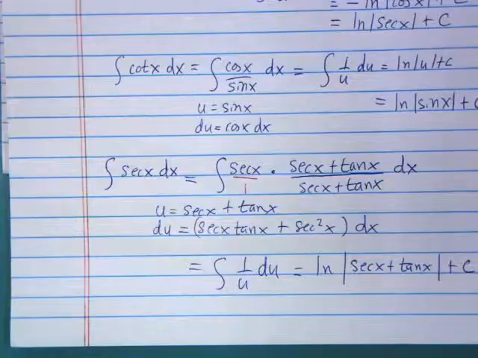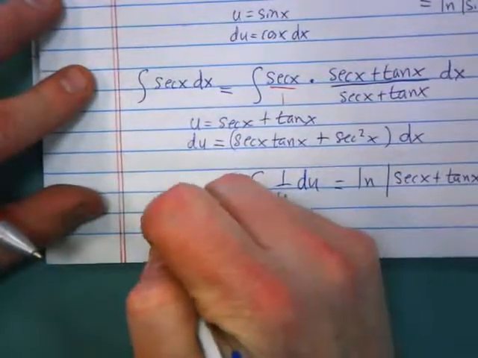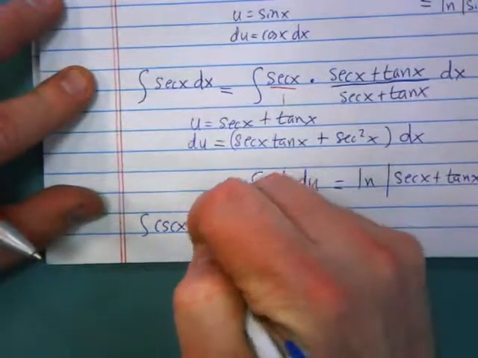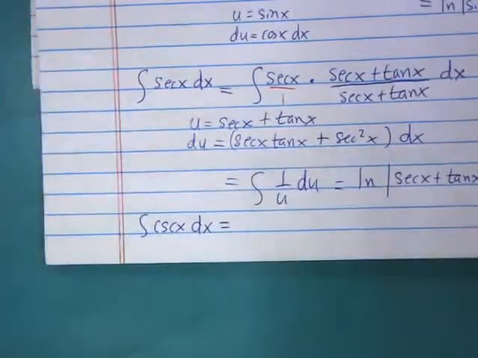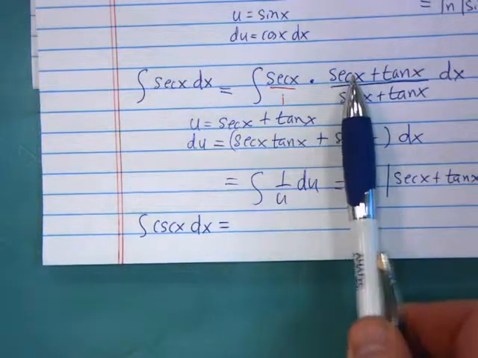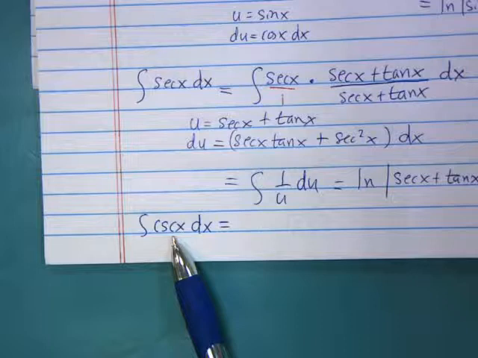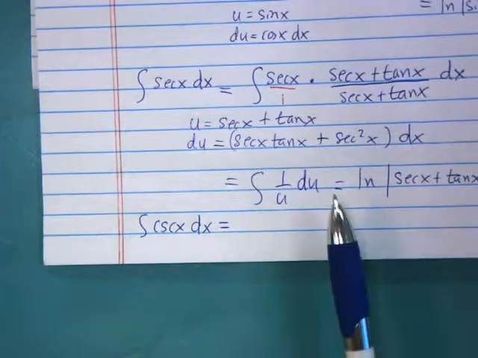And I'm not going to run through it, but the cosecant one works exactly the same way. What do you think you multiply top and bottom by? Well, for secant, I multiplied by secant plus tangent. So for cosecant, I'm going to multiply by cosecant plus cotangent.